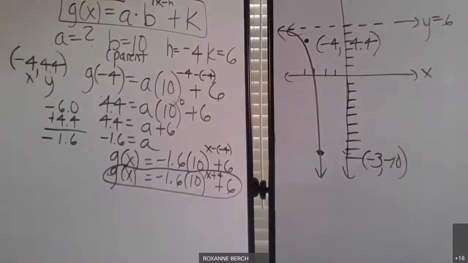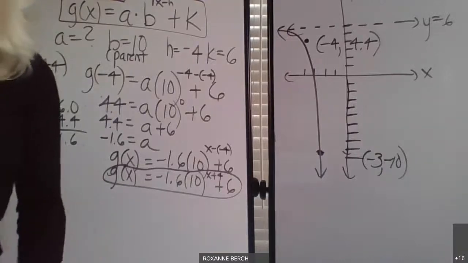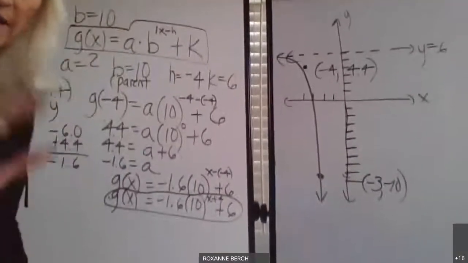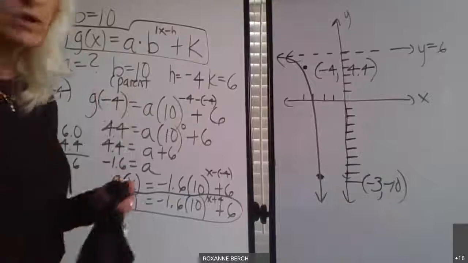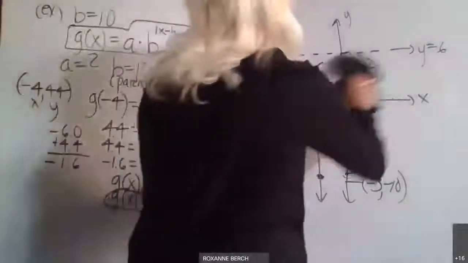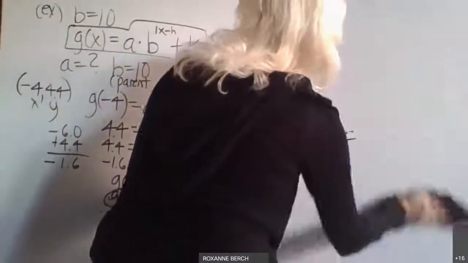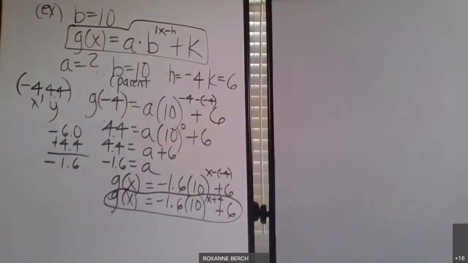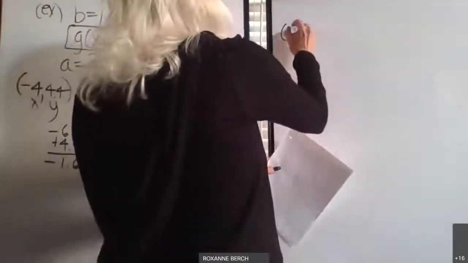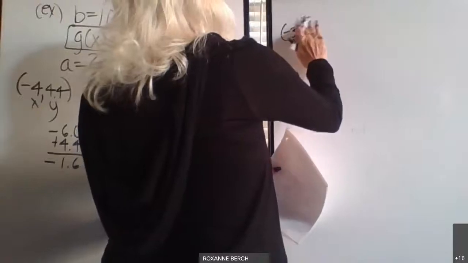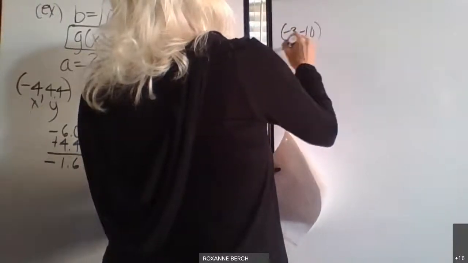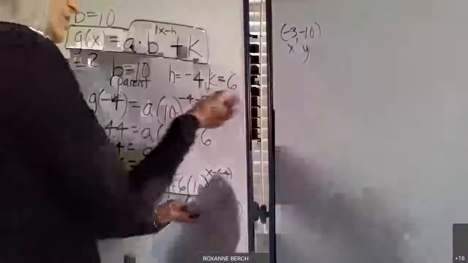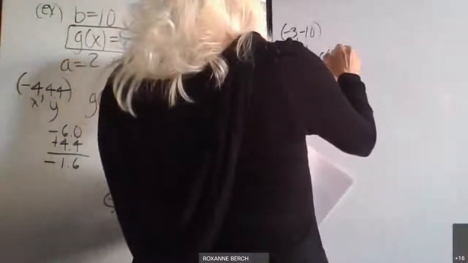I do have an objective 3 to teach, and it's modeling, but you've taken an exam and did this lesson, so I'll save that for later. So I just erased it, but the other point is left 3 down 10. So we can use that to check this out.